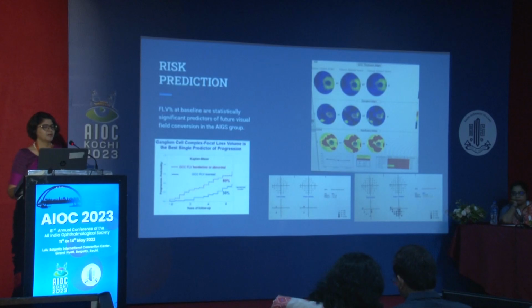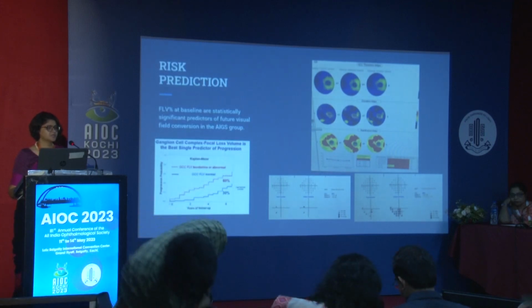Also, the focal loss volume, if it is affected at baseline in a preperimetric case, then it is a significant predictor of a subsequent visual field conversion. This was seen in the AIGS group.